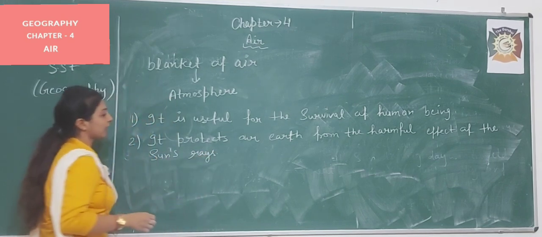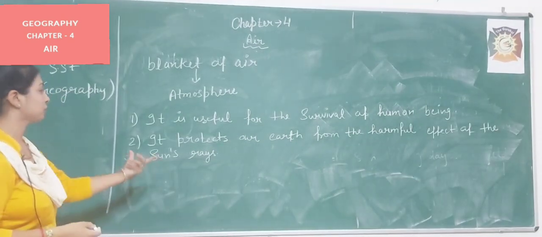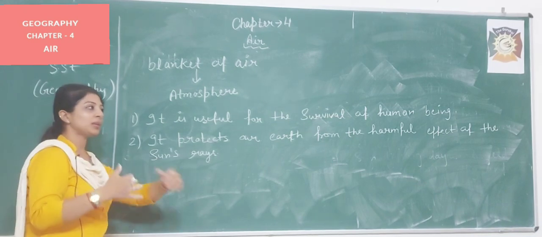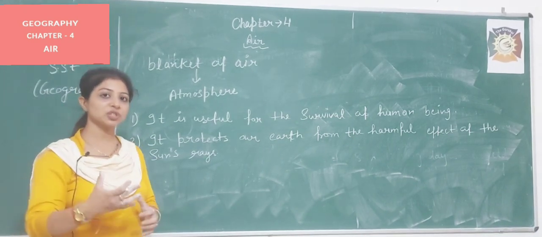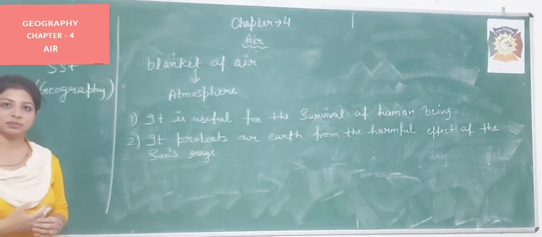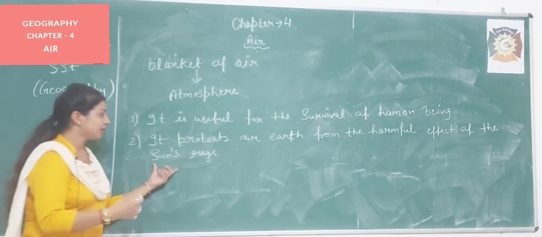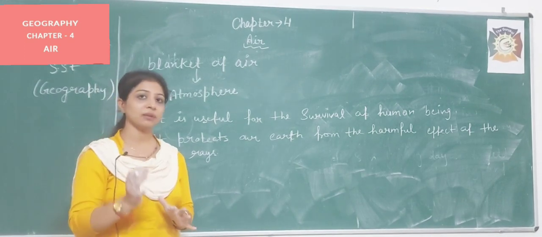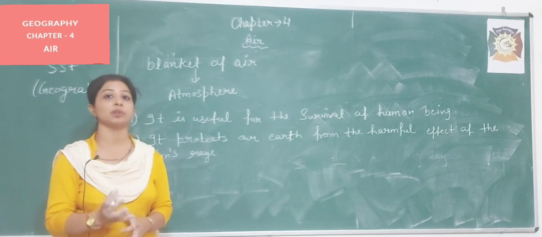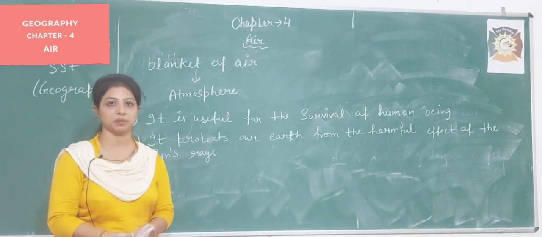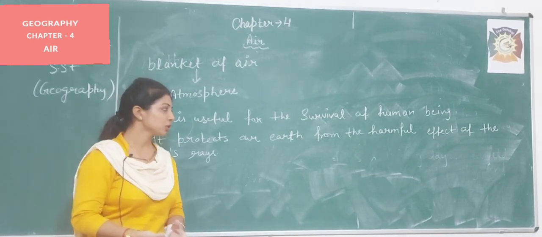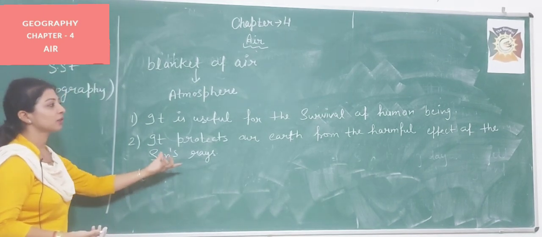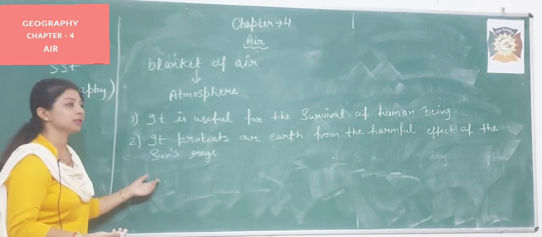How does it protect our earth from the harmful effect of sun rays? Because there are some layers in our atmosphere which save us from the ultraviolet rays of the sun. Those ultraviolet rays, if they come directly on earth, will harm all human beings as well as animals also. So it protects our earth from the harmful effects of the sun's rays.